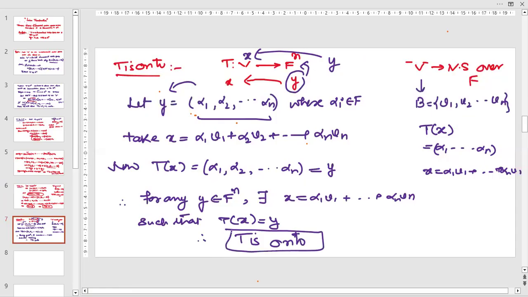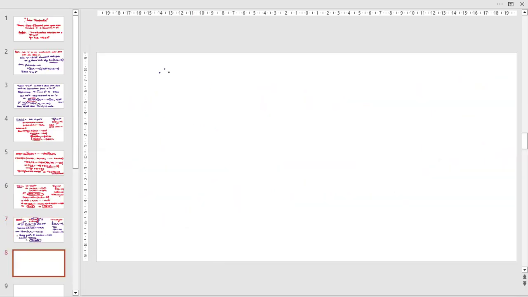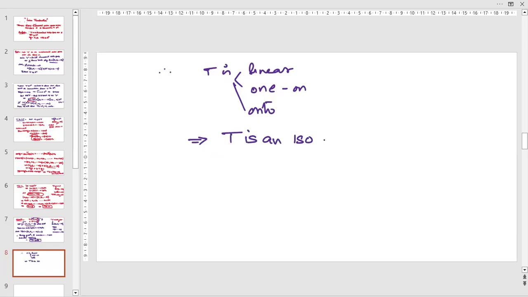So we have shown that, therefore, T is linear, 1, 1 and onto. This means that T is an isomorphism.